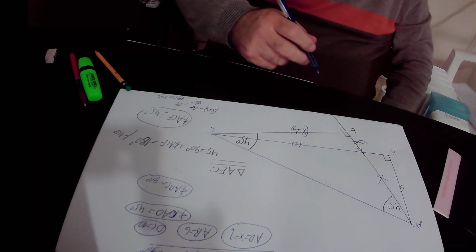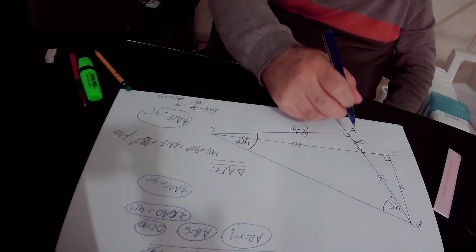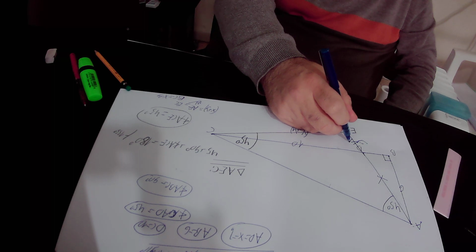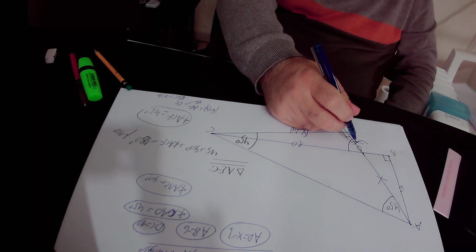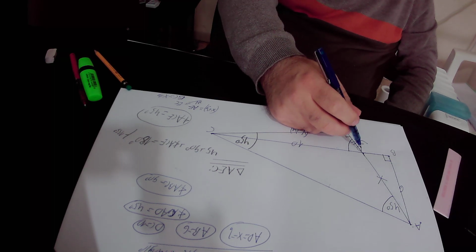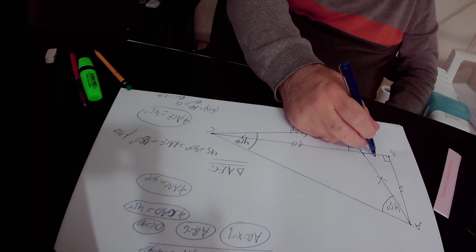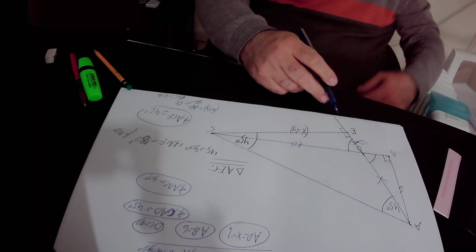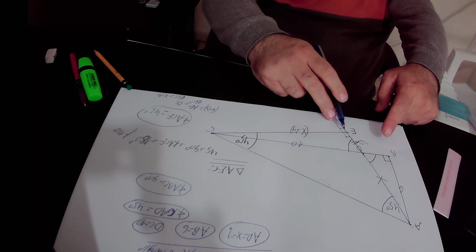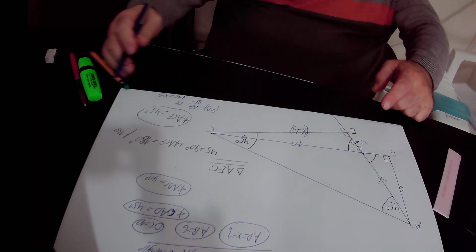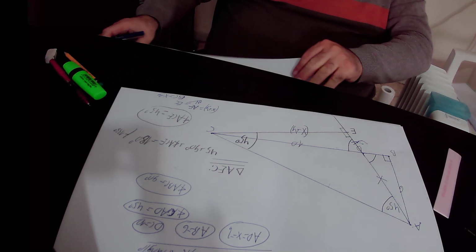Here, angle EDC is equal to angle ADB because of the fact that those two angles are defined as vertex angles, and vertex angles are equal to each other. So I will write it down.